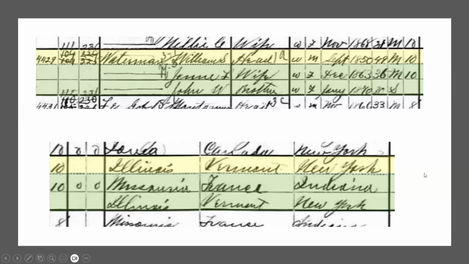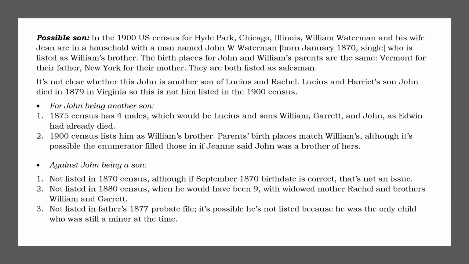Because who is this John? I have not been able to find other records that are clearly him. And the John from the first marriage has died before this. I have that record. He died in Virginia in the 1880s. And again, I wrote it out.